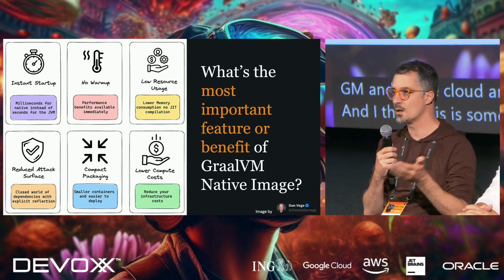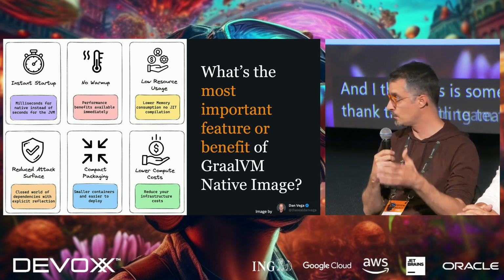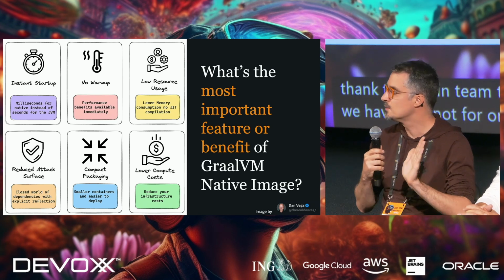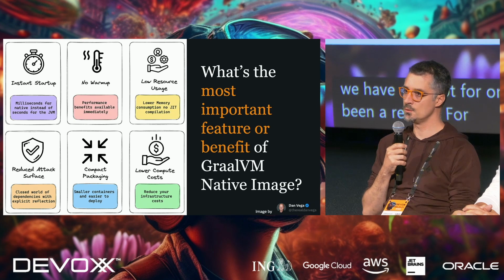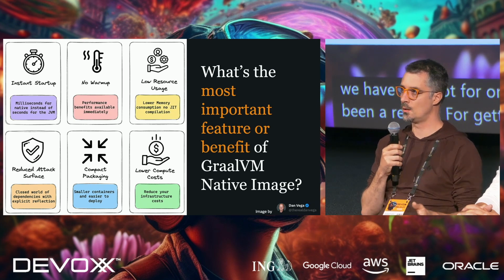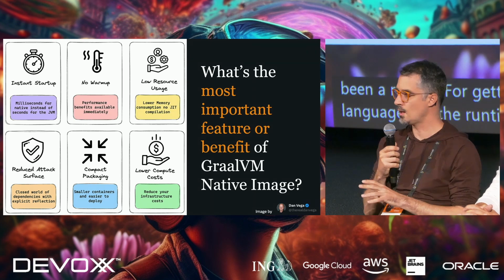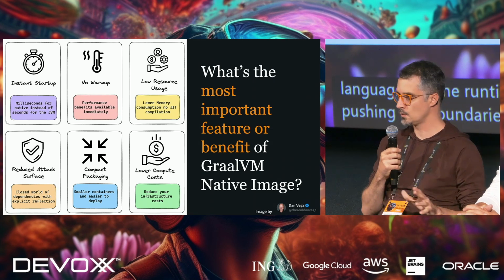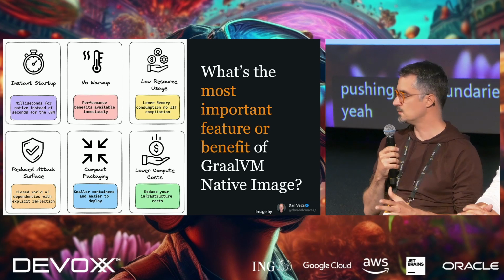I thank the Kotlin team that pushed the boundaries on the Java language side, which has been a reason for getting new nice features in the Java language. On the runtime efficiency side, you are pushing the boundaries and challenging the status quo. And the impact is huge.